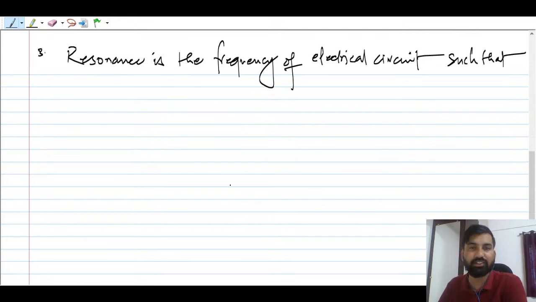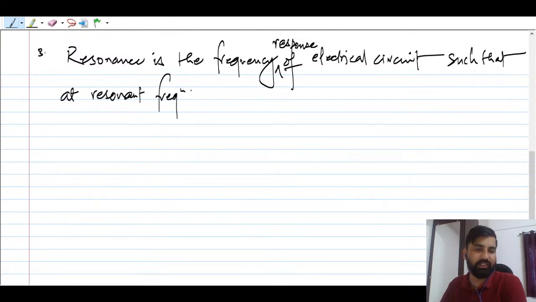So resonance is the frequency response of the electrical circuit such that at the resonant frequency. In the exam, they will ask you what the resonant frequency is, so you have to always keep in mind that we have to find the resonance frequency at resonance condition.